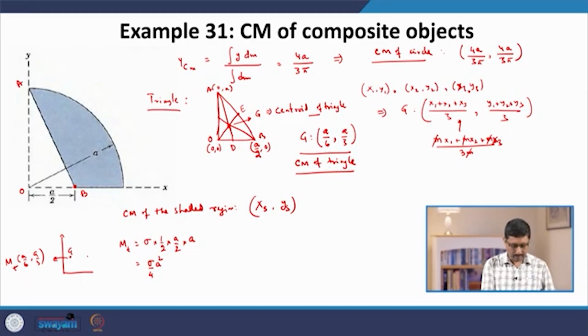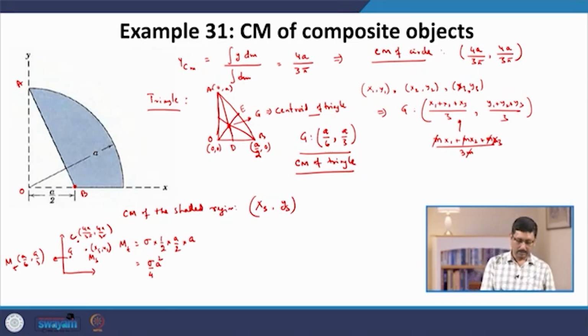The shaded region, we do not know where its location is, but let us assume it is here. This is the position of xs and ys, and this has some mass, the mass of the shaded region. Then we are going to replace the quarter of the circle by its center of mass.